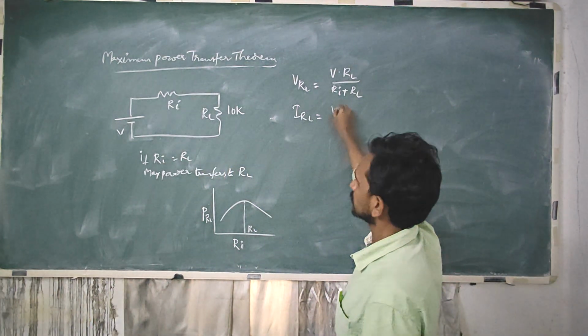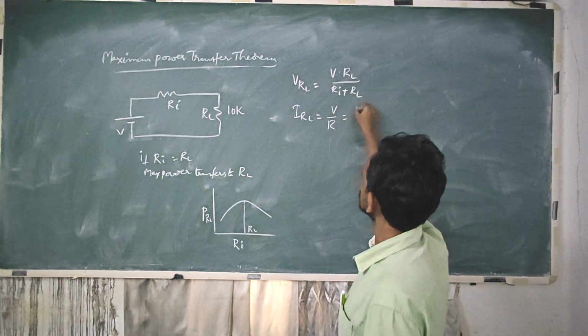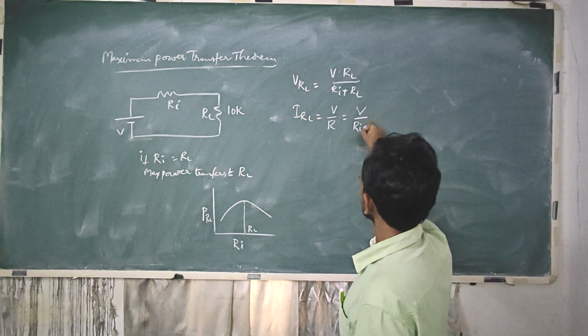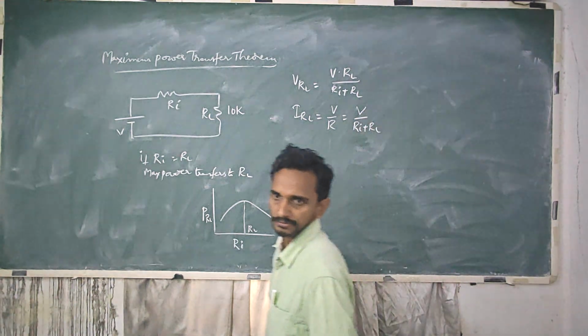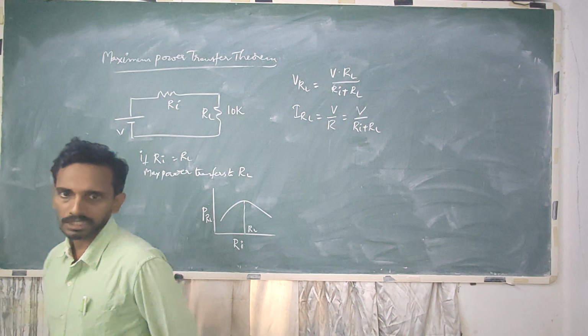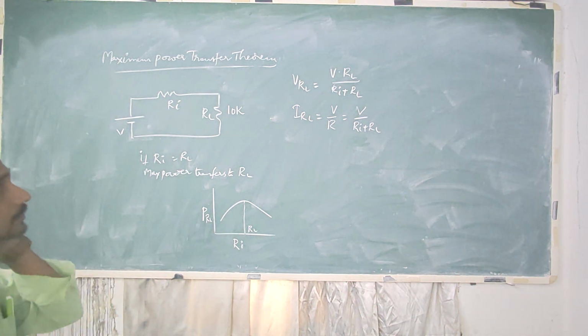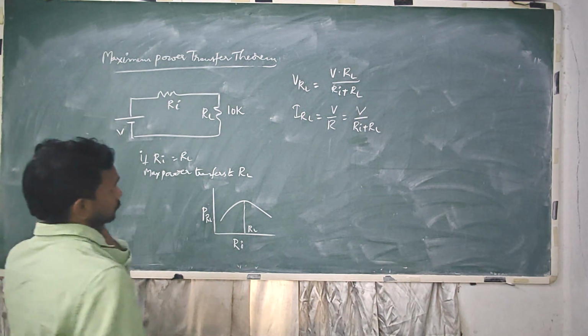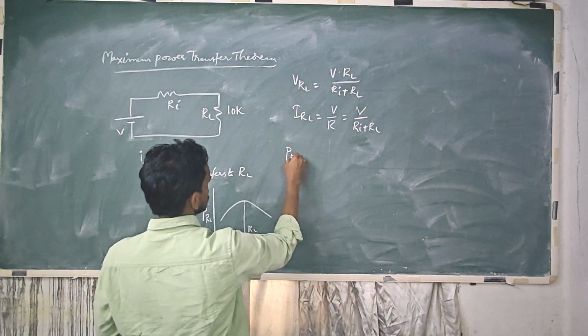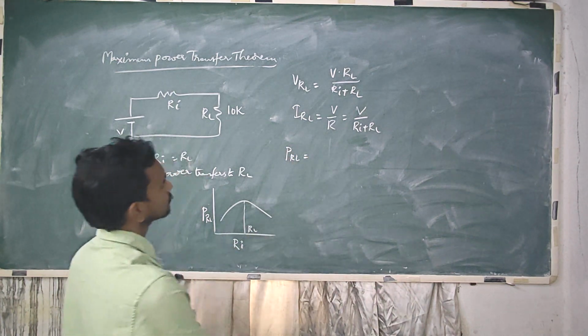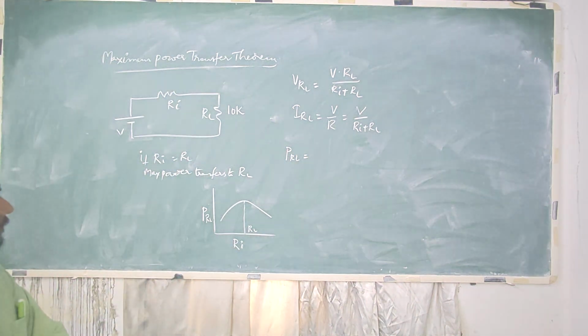So it is V by R. So V by Ri plus RL is IRL. So in total PRL is power through RL.